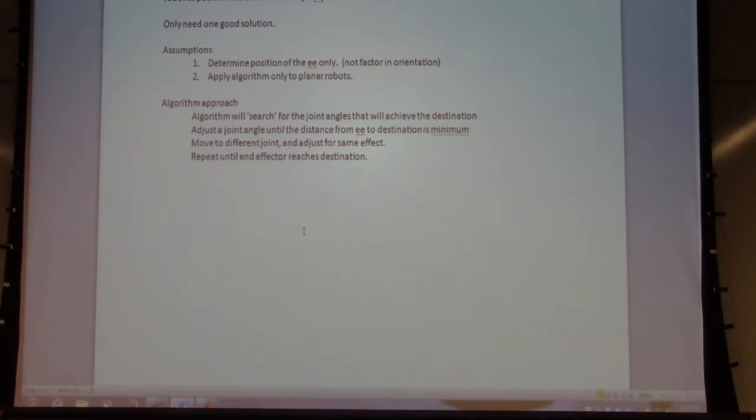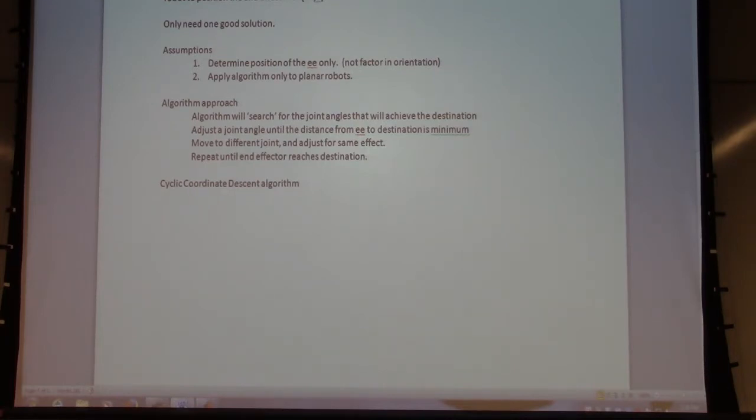Okay. So that's where the cyclic coordinate descent algorithm comes into play. This is nothing more than the preceding algorithm, except that it establishes the process that we go through in order to arrive at the destination.